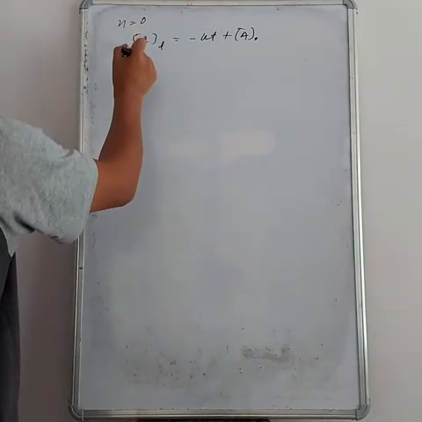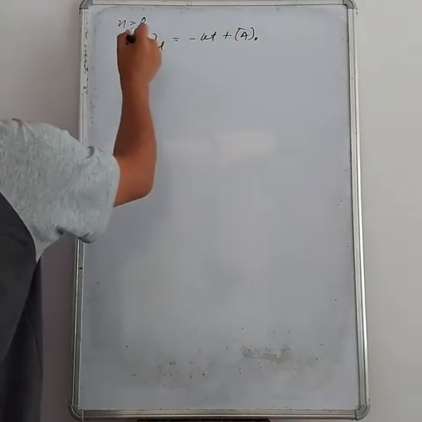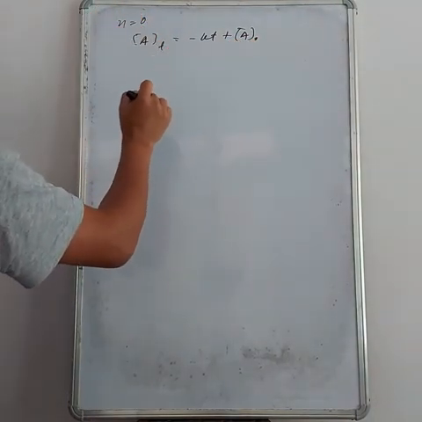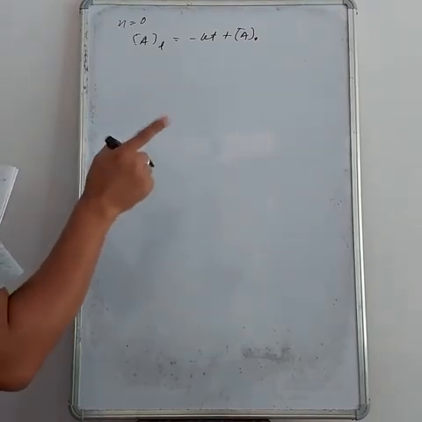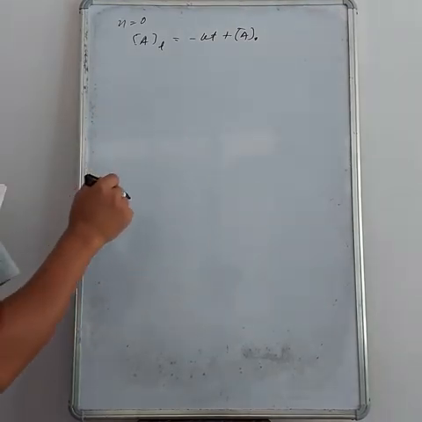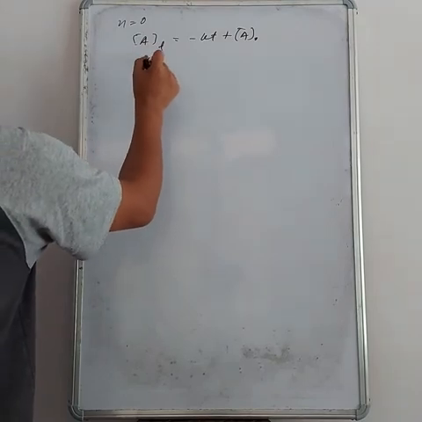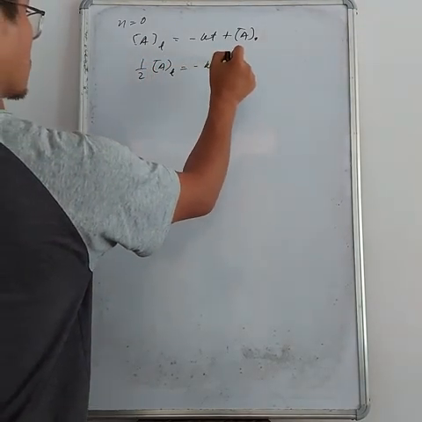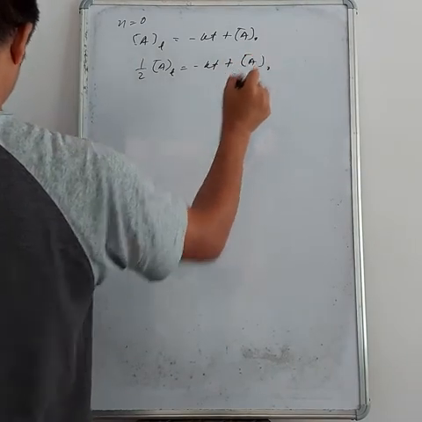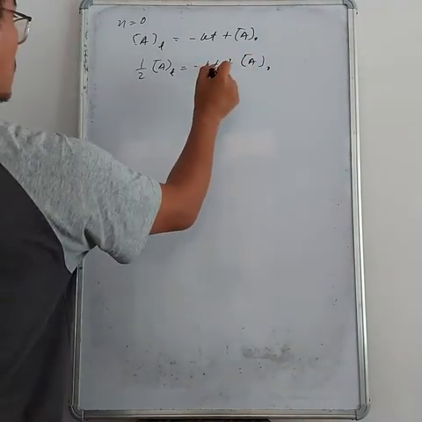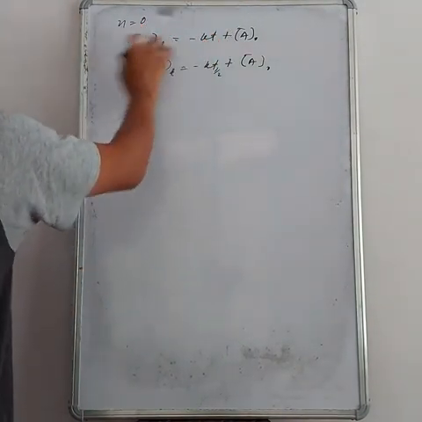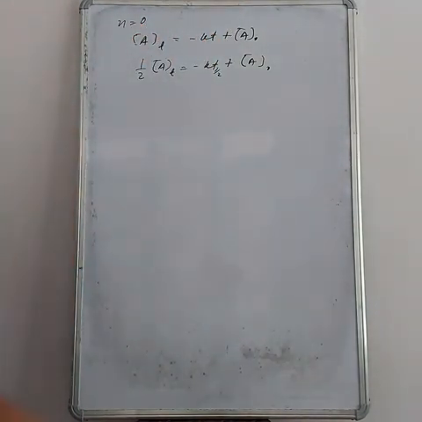When this initial concentration exactly becomes half, that is our half-life of a reaction, the time it takes to halve the initial concentration of reactant. So half of the initial concentration will be equal to negative kT plus A naught. But here our time becomes T half, because at time T half, this will also become half of the initial concentration.